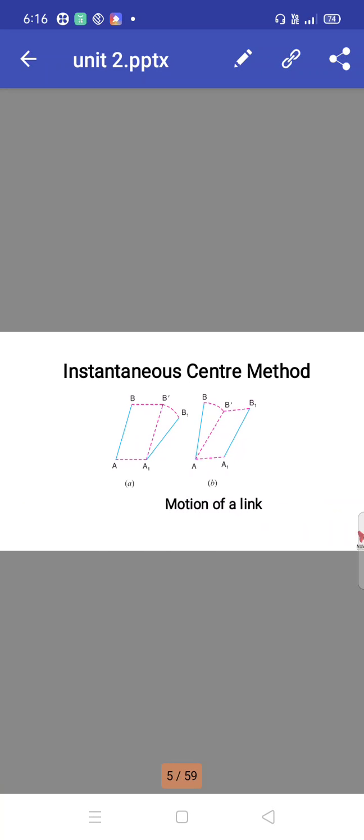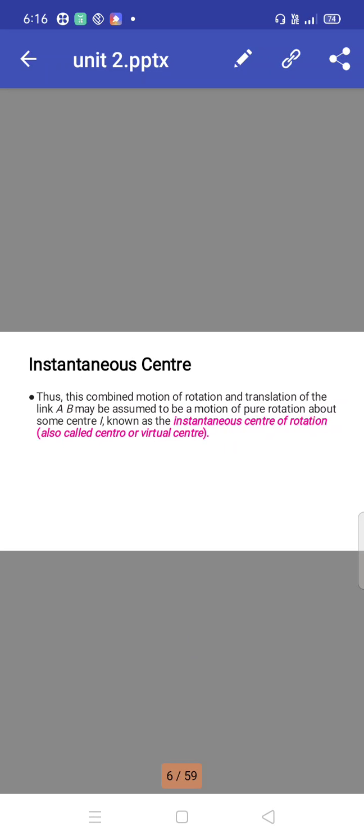The instantaneous center method specifies the motion of the link. This combined motion of rotation and translation of link AB may be assumed to be motion of pure rotation about some center I, known as the instantaneous center of rotation, also called the virtual center.